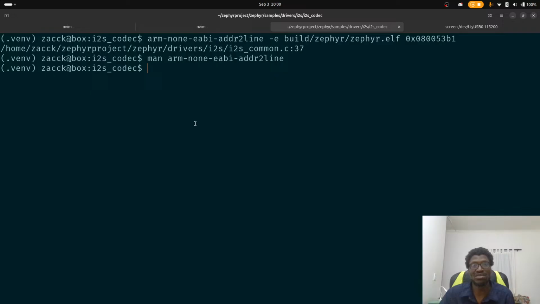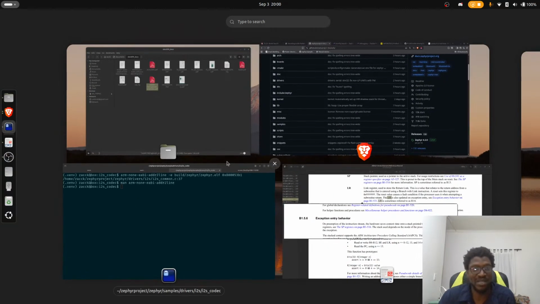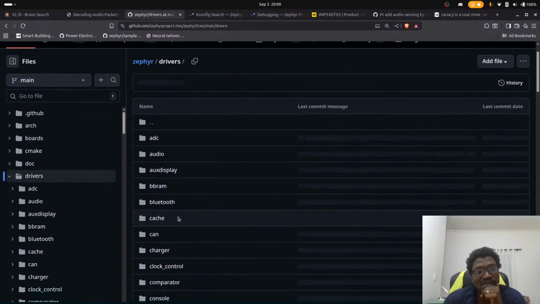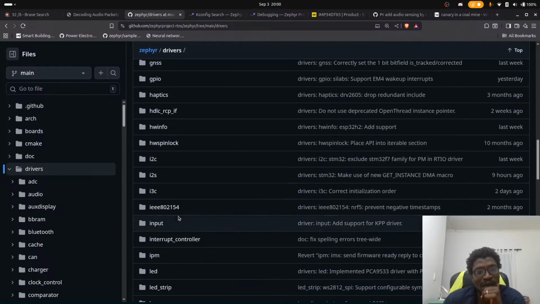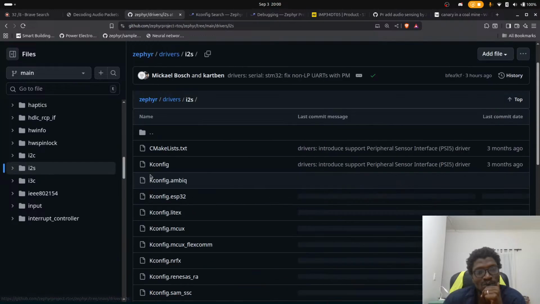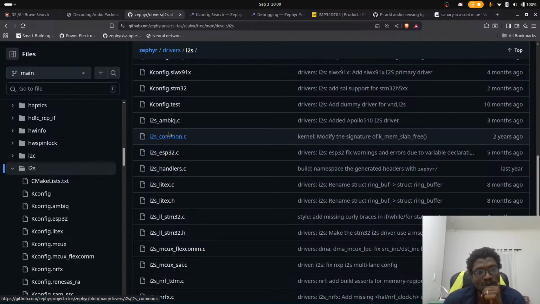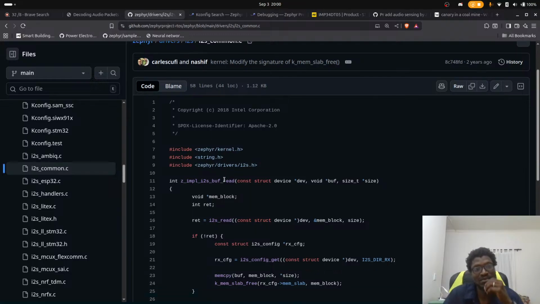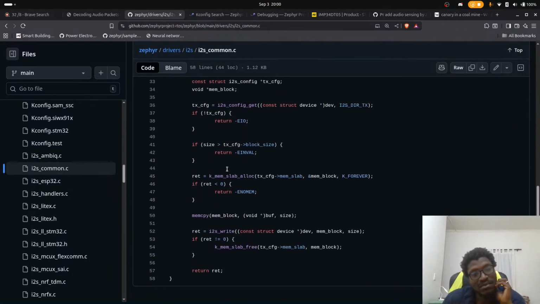Okay, so it's I2S common.c, line 37. So in drivers, I2S, common, line number 37. It's going to be some memory access of some sort.